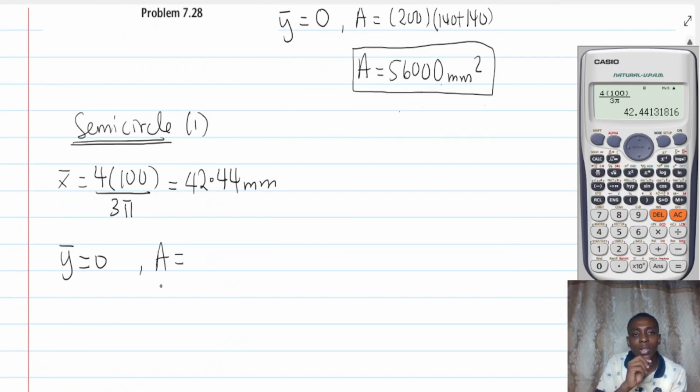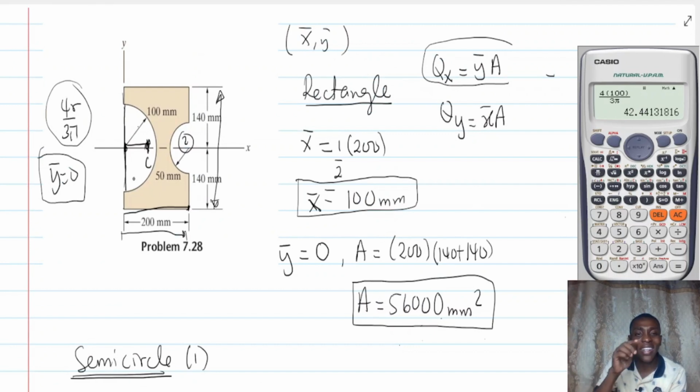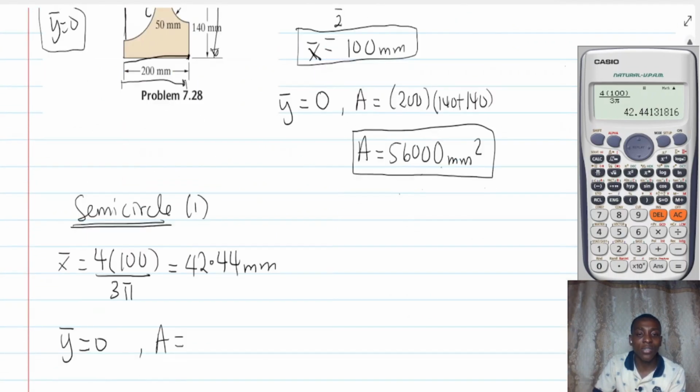It is very important to know that whenever you are dealing with centroids and calculating the area, if it is a hole, then it's actually a negative area, because it is assumed that initially I had a rectangle, then I took an area away. So to represent that area I took away, it's going to be negative.